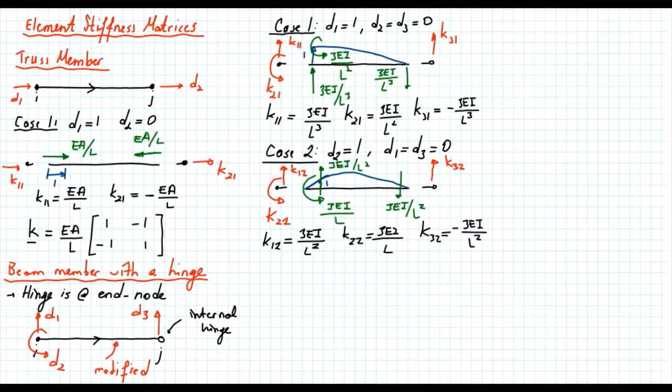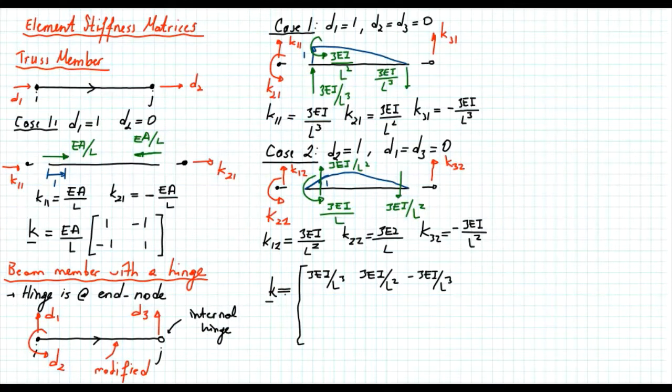So I will not work on case 3. If I write all the coefficients in matrix form, then I have the following matrix for a beam member with a hinge at the end node, or end node is free to rotate. 3EI over L cubed, 3EI over L squared, minus 3EI over L cubed.